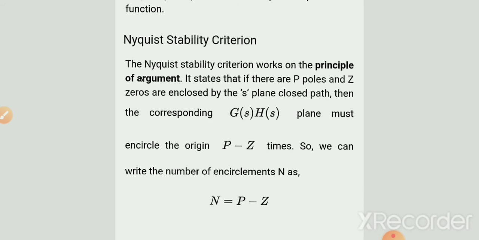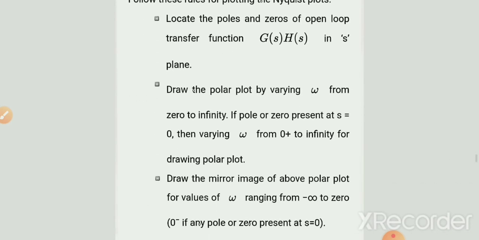It states that if there are P poles and Z zeros enclosed by a closed path in the s-plane, then the corresponding G(s)H(s) plane must encircle the origin P minus Z times. So we have the number of encirclements N equal to P minus Z.